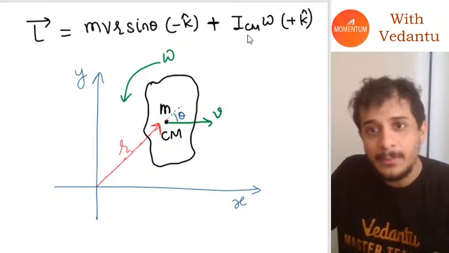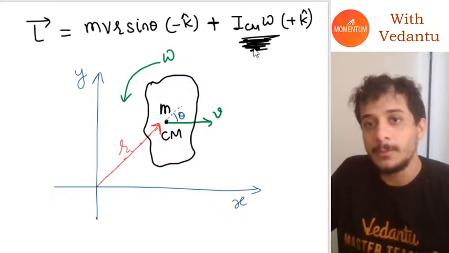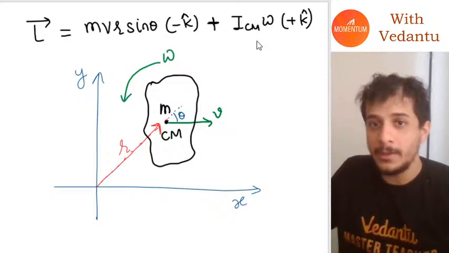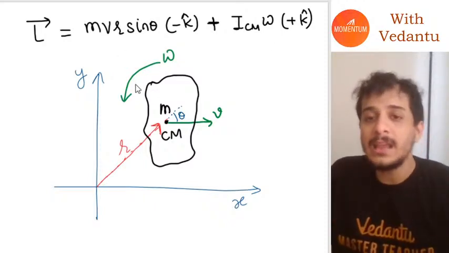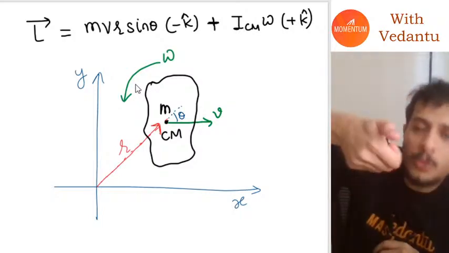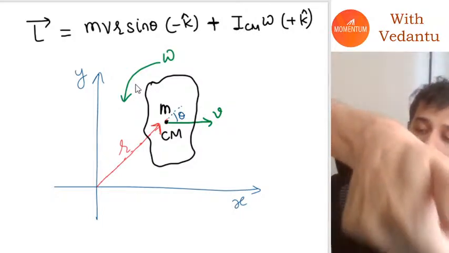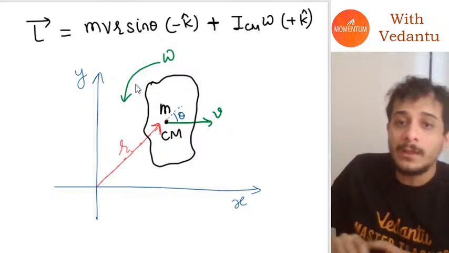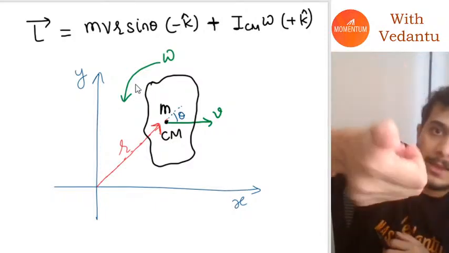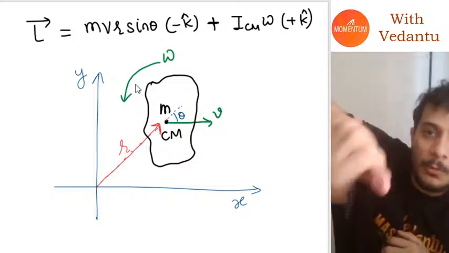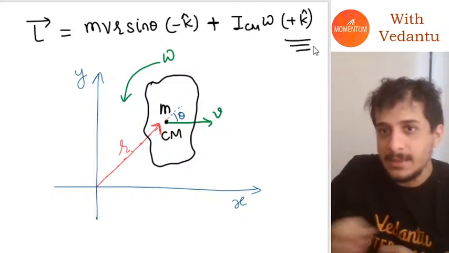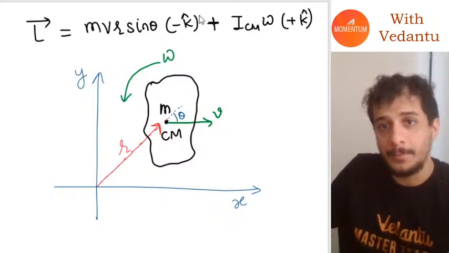Here I_CM means just the moment of inertia about the center of mass. Now in this case, this is rotating anti-clockwise, which means your thumb is pointing out of the plane of the paper. So omega is in the plus k cap direction, and I_CM omega will have a direction of plus k cap.